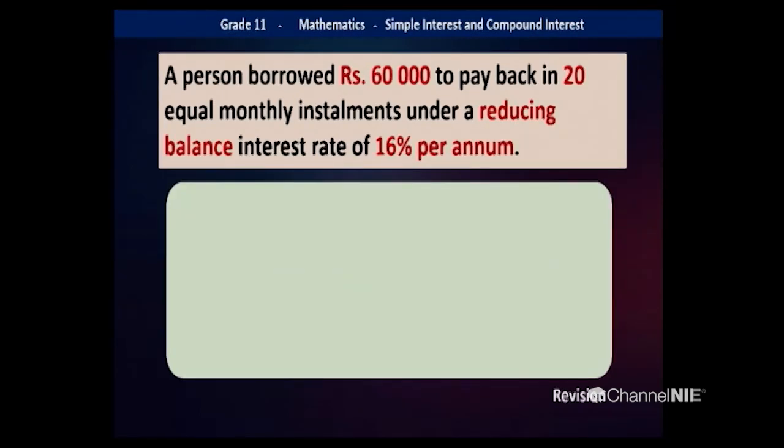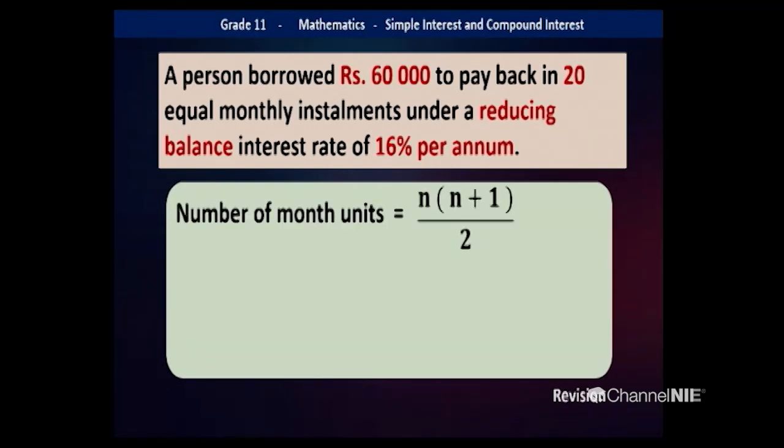Then after that, there is something called the number of monthly units. How to calculate it? In earlier days you studied this formula to find the triangular numbers, or to find the addition of digits, maybe 1 to 10, 1 to 100. Using that formula, we can find the number of monthly units: n into n plus 1 divided by 2.